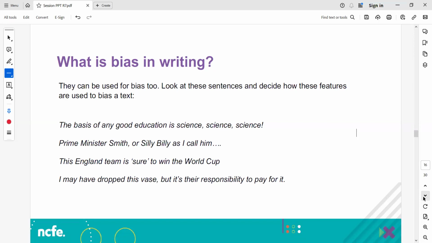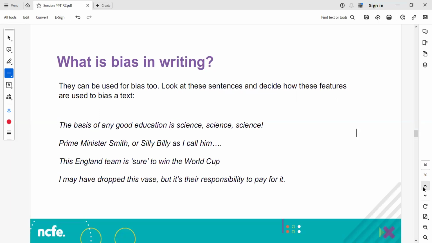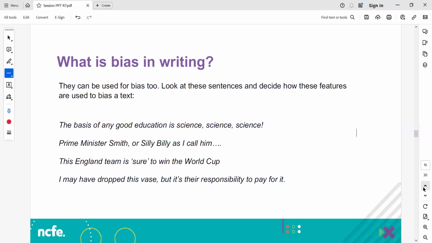Prime Minister Smith, or Silly Billy, as I call him. So which of these features has been used? Okay, so they're using sarcasm. So they're making fun of the Prime Minister.